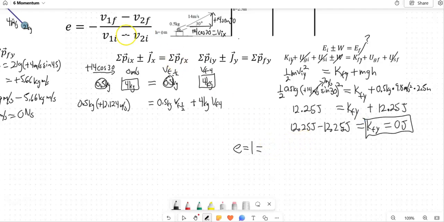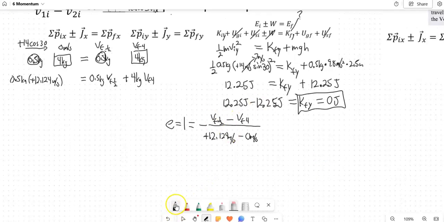This is going to be, let's start off with the final velocity for the 1/2. So I'm going to put a negative V final a half minus V final 4 kilograms. Here's going to be the initial velocity for the half guy, which is going to be 12.124 meters per second, just positive, minus 0 meters per second.